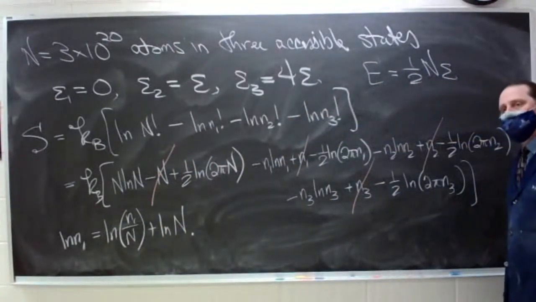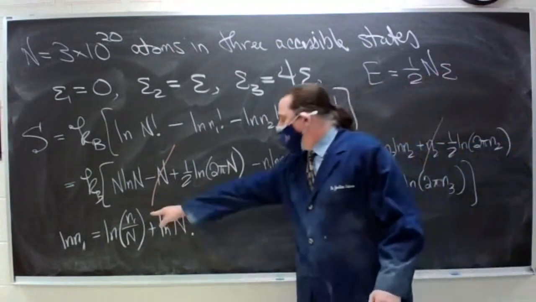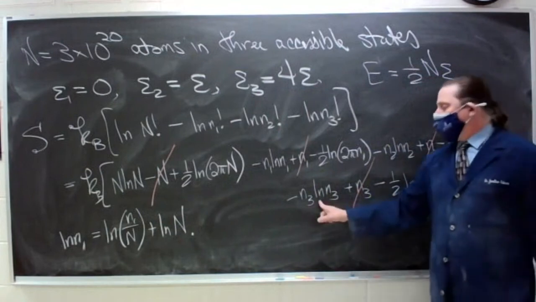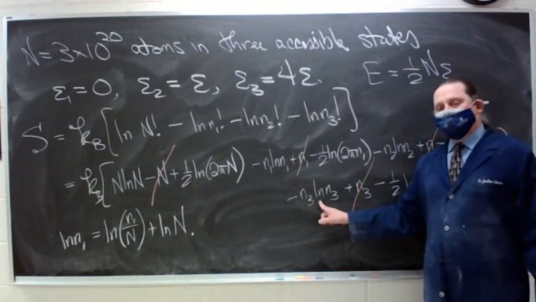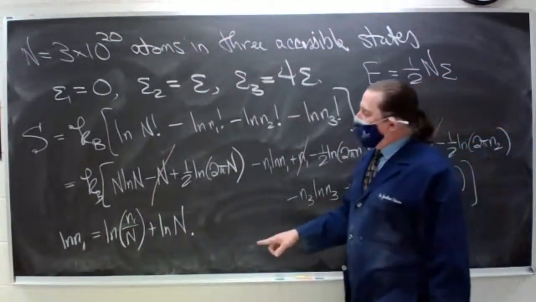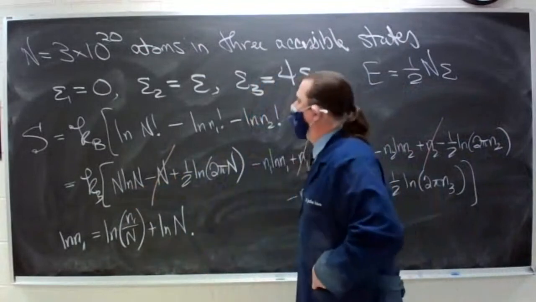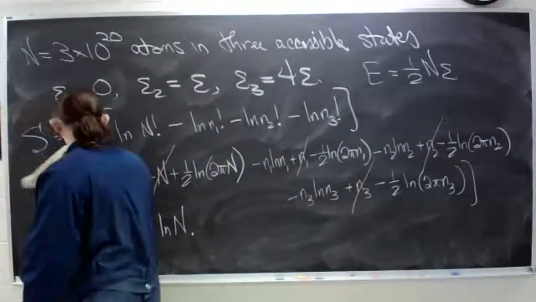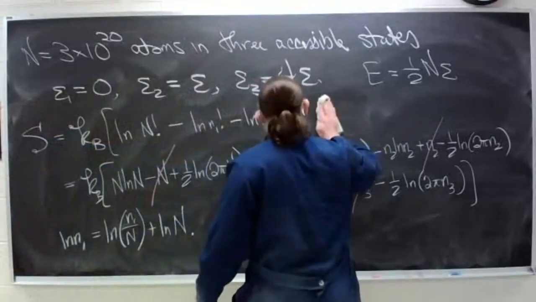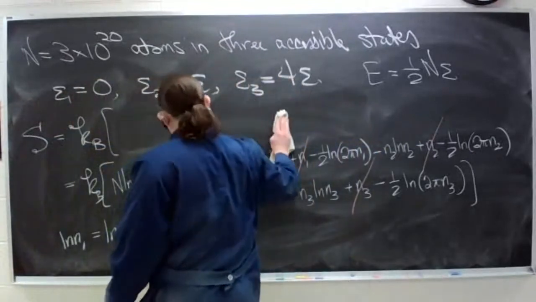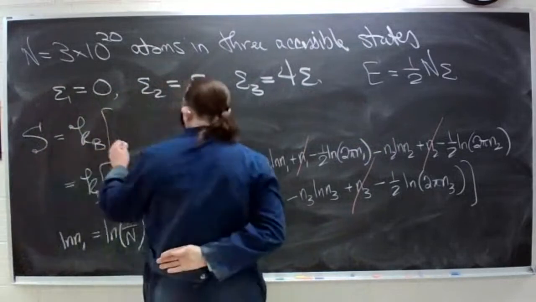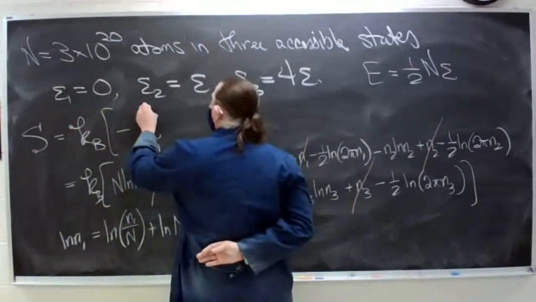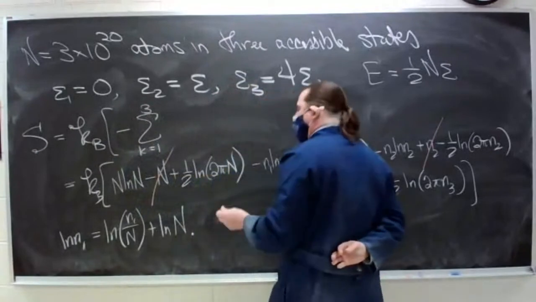And if I do that here and here and here, and I distribute, we'll find that capital N log N cancels. So at the end of the day, our expression for the entropy is given like this.